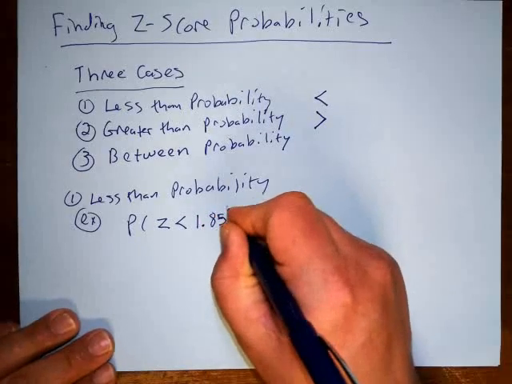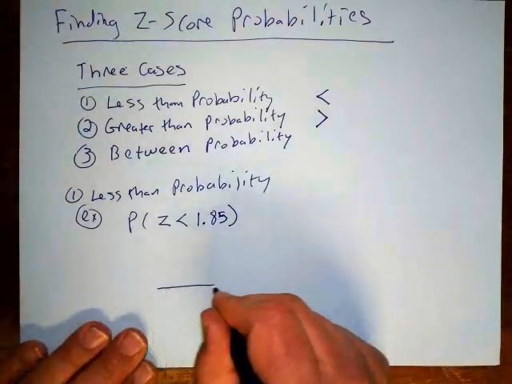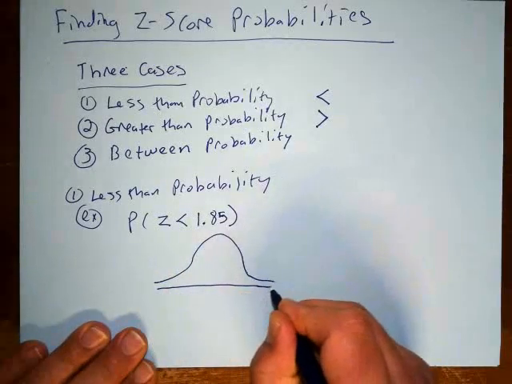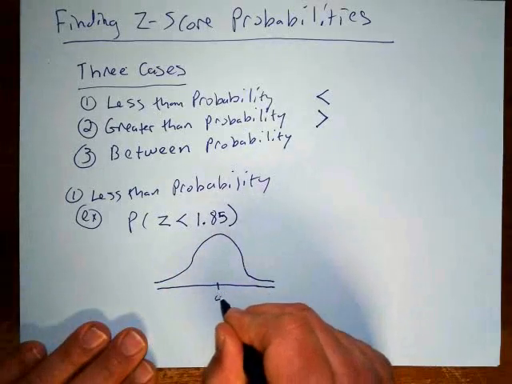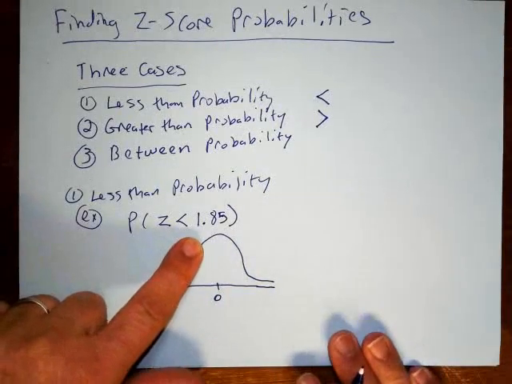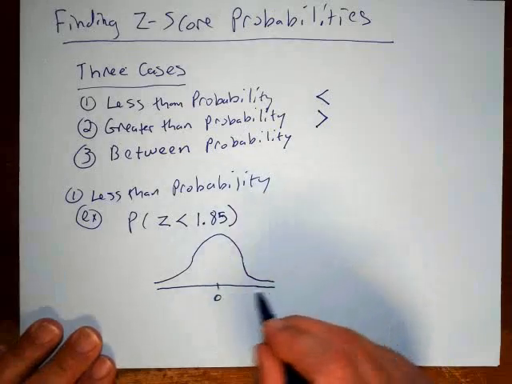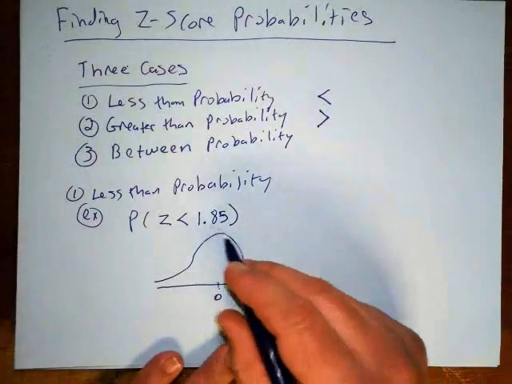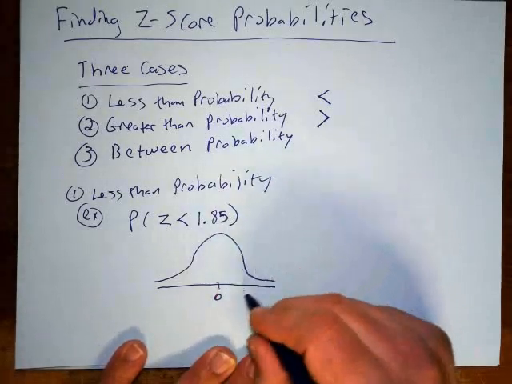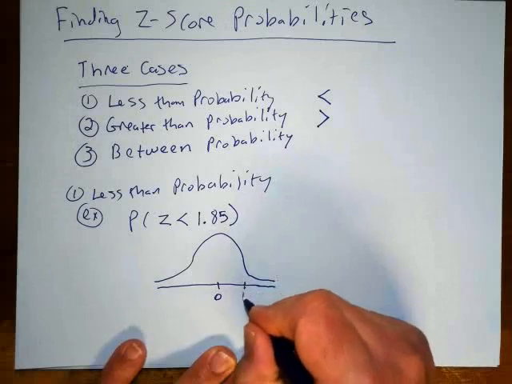To do these, I would draw a curve to give you a nice picture of what's going on. You would put 0 in the center. Now 1.85 is a positive z-score, so I'm going to put it on this side of 0. This is the positive side. And 1.85 is well beyond 1 standard deviation, but it's not all the way out at the edge. So maybe like that.